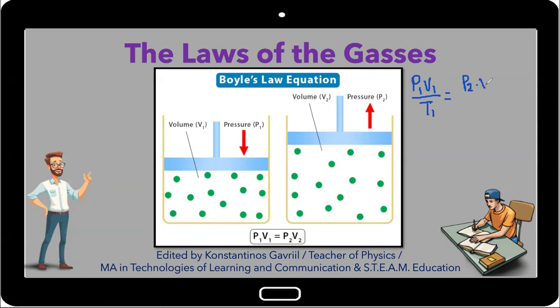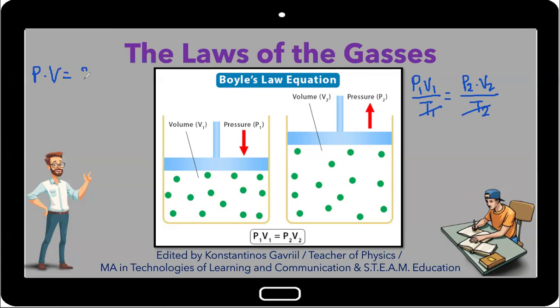As you can see here, we are going to use this general law for all three laws of the gases. When we have T constant, it means that I can cancel these two. So I get P1 V1 equals P2 V2. This means that these quantities, P and V, give me a constant result.